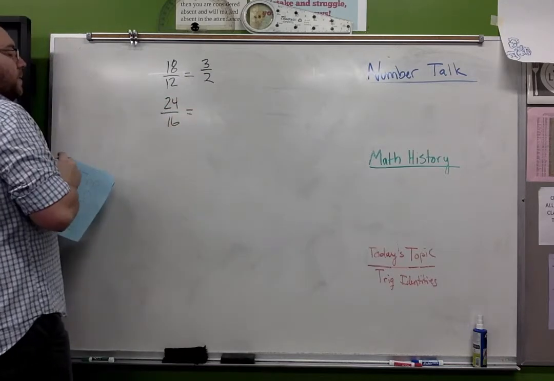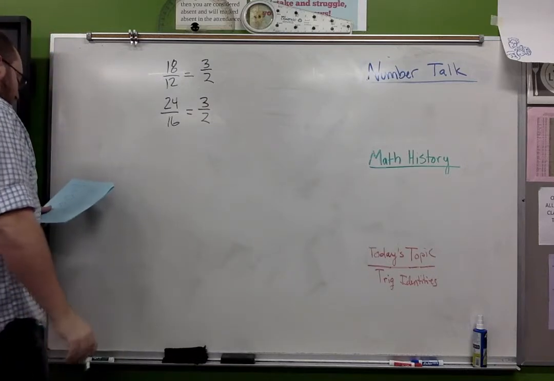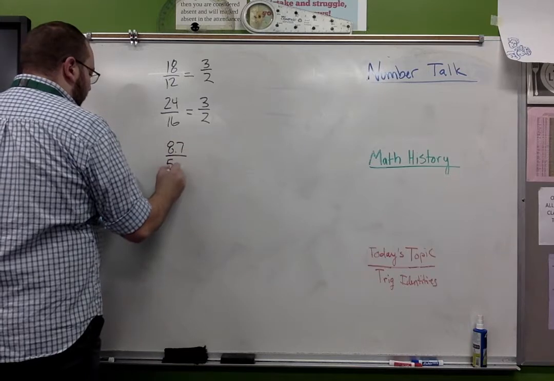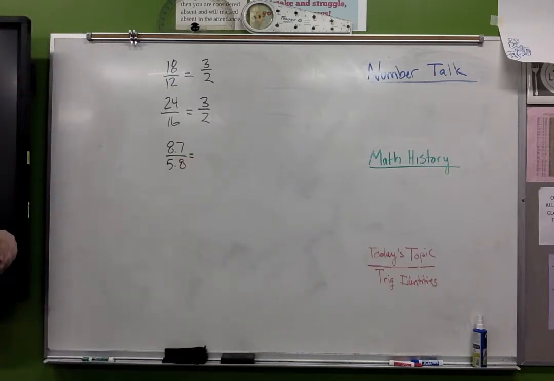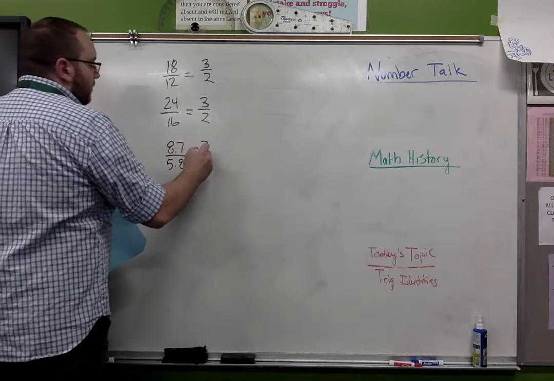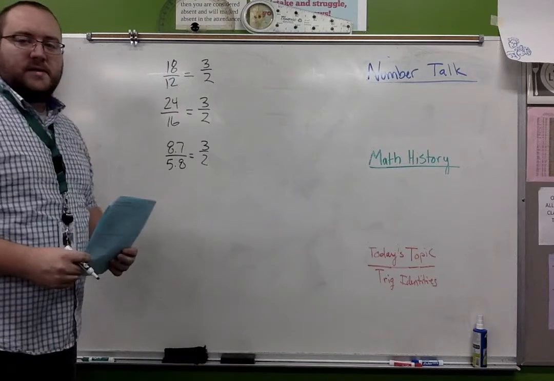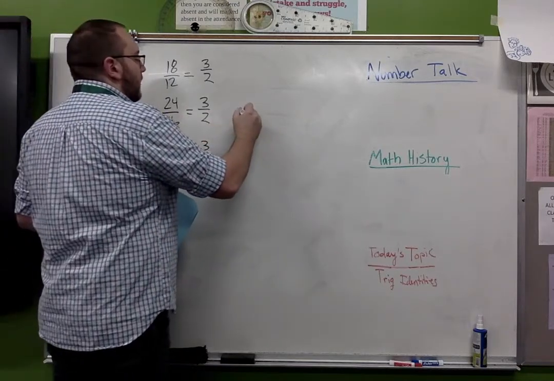Divide numerator and denominator by 8. 3 over 2. And then we have those sides, 8.7 over 5.8. If you put that in your calculator and change it to a fraction, you're going to get 3 over 2. All of the ratios are the same. They have a common ratio. So because of that, they are similar.